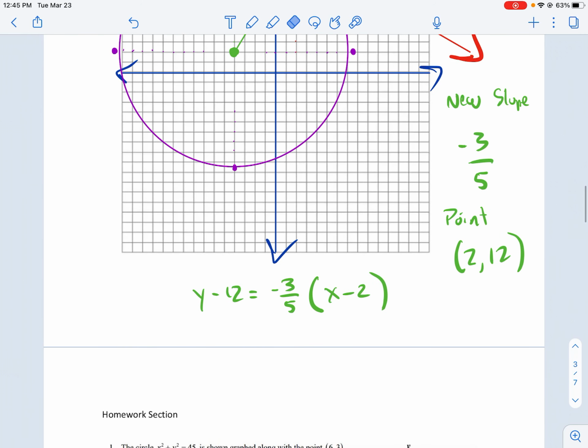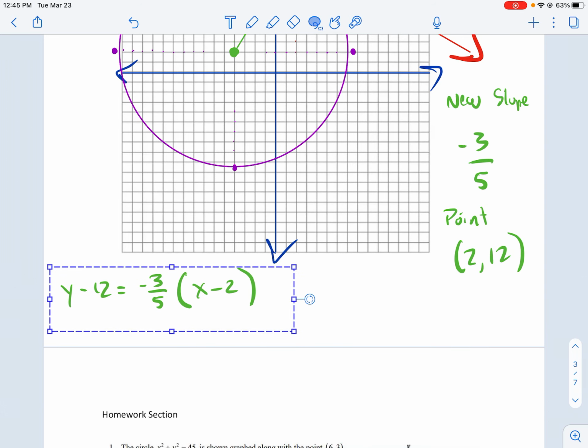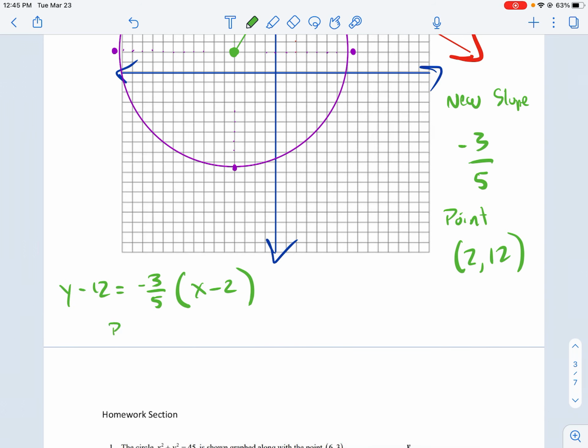So we could either leave it like this, or, because this is point-slope form, if you want slope-intercept form, you would have to distribute this through. So we get y minus 12 is equal to a negative 3/5 x plus 6/5, and then plus 12.